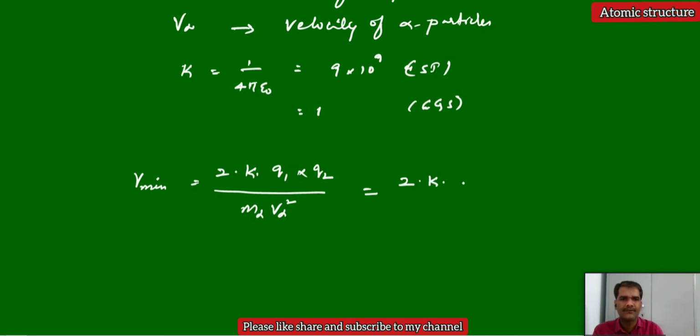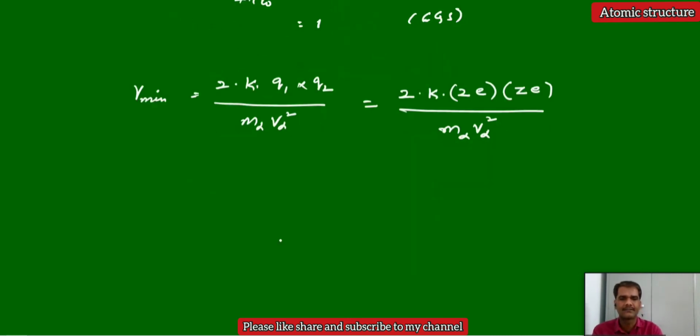K into Q1, meaning the charge of alpha particle, 2 into E. What is the charge of an alpha particle? Dipositive helium, so 2 positive charge. And what is the charge of the atom nucleus? That depends on the atomic number. Let us assume the atomic number of that particular nucleus is Z. Then Z into E. Can we write like this?